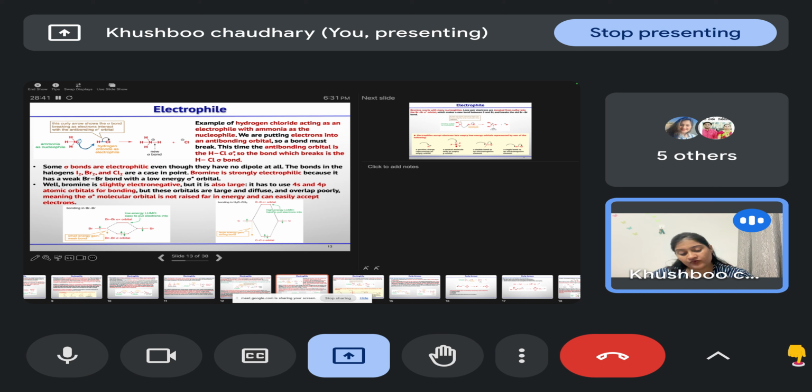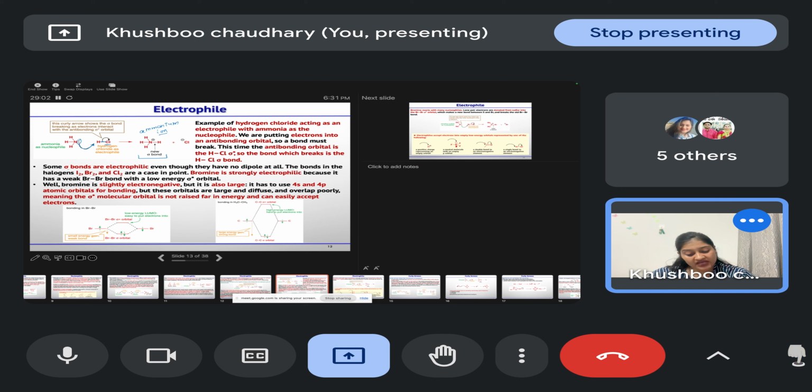So the electrons will move towards the more electronegative atom, that is chlorine. So it leads to the formation of ammonium ion and chloride ion.